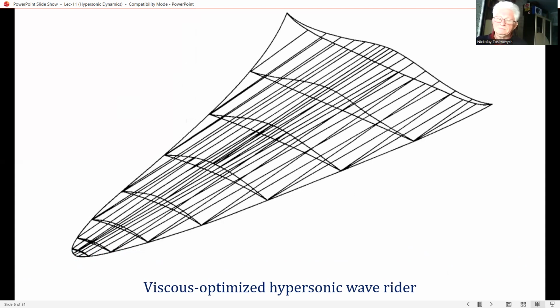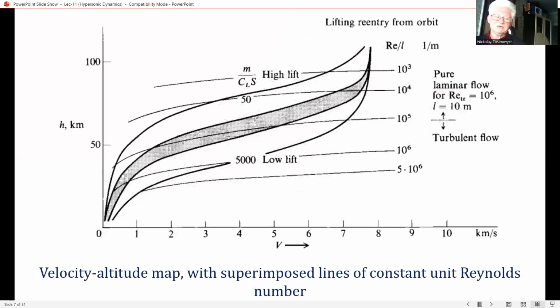Such waveriders are promising hypersonic cruise vehicle configurations, wherein a high value of lift to drag is necessary for efficient, long-range cruising conditions.